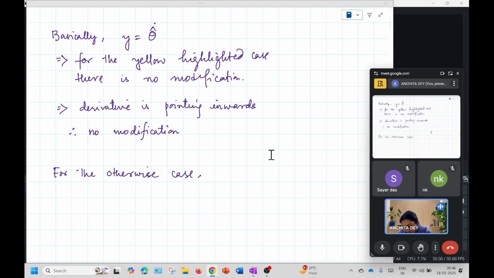For the otherwise case, theta hat dot being equal to y minus alpha y, what we say is that we are actually going to use the tangential direction, right? I'm just writing it in this way. Let it be y and theta hat. So this is what we wanted to do, use the tangential component. And how do we define it?